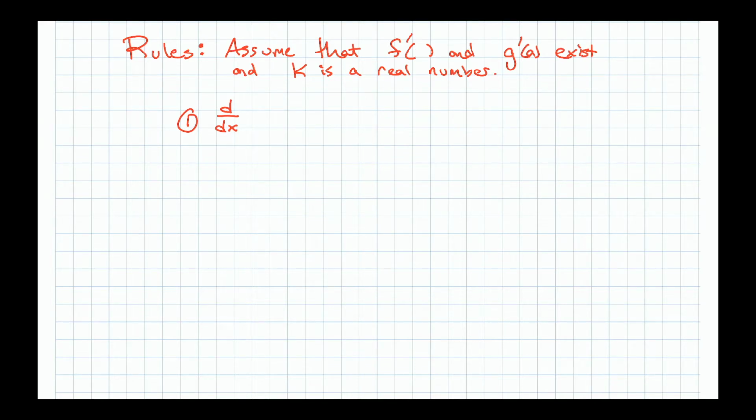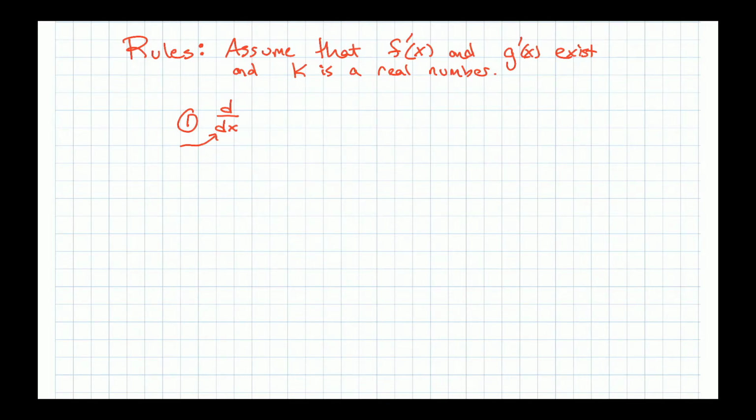And also I'm going to come up here and erase these, and I'm just going to say f prime of x, g prime of x exists.